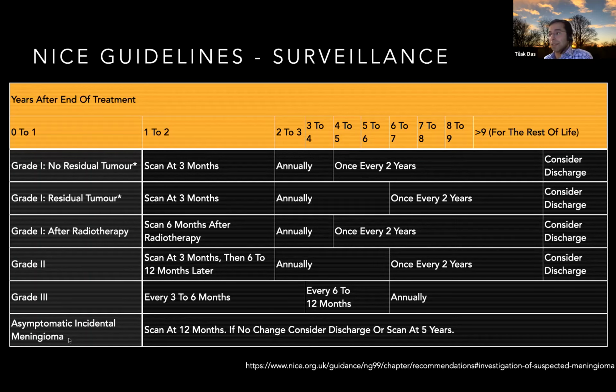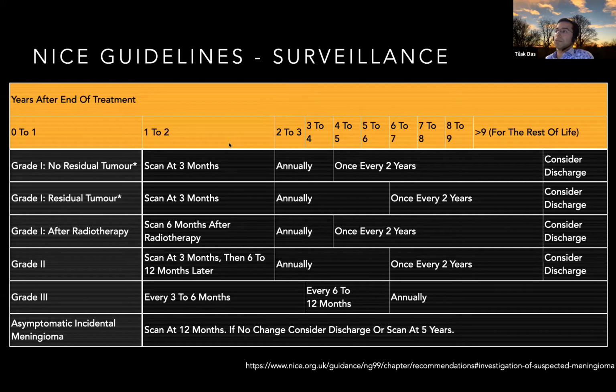My personal inclination is to sort of play it down, but what our MDT does now is follow these guidelines, which is effectively scan in about a year to make sure that these meningiomas are not changing in size, and we have been caught out in the past. And then if it's stable, then you can either discharge or perhaps consider a much later scan in the future. On the other hand, there's a more intense schedule, of course, for the higher grade tumors, which are at high risk of recurrence, but also for the lower grade ones, where you might scan initially every year and then every couple of years after that.